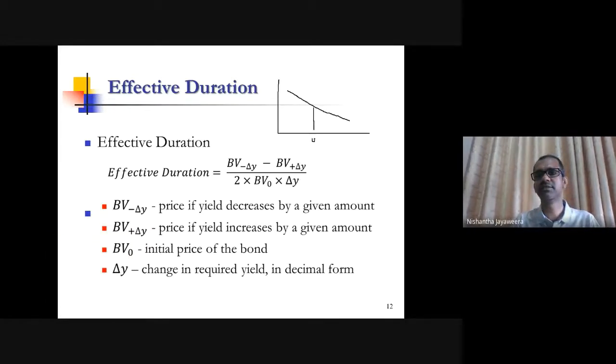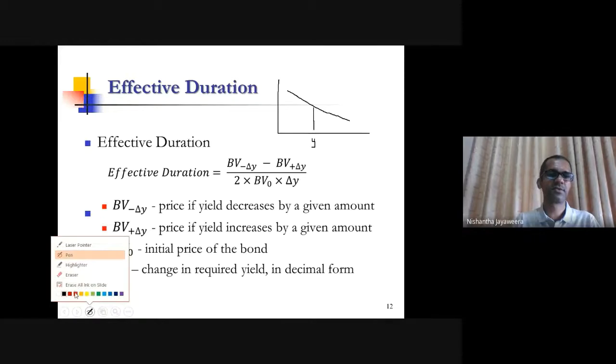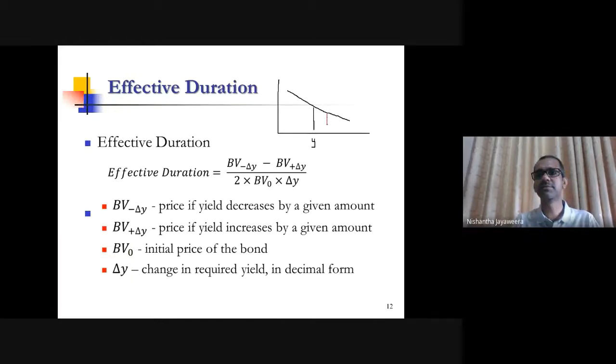This is yield. Then what would be the price when we increase the yield by y plus delta y? This is the price BV plus delta y.